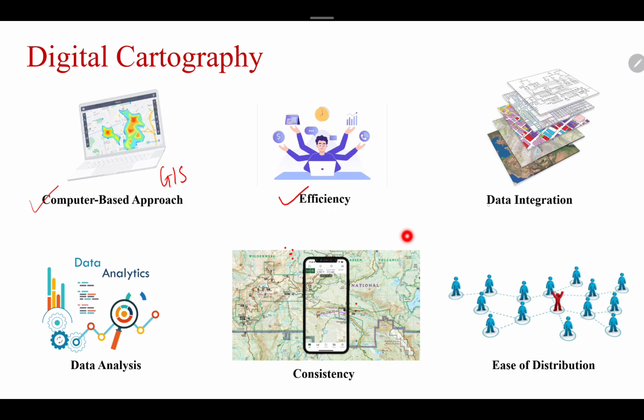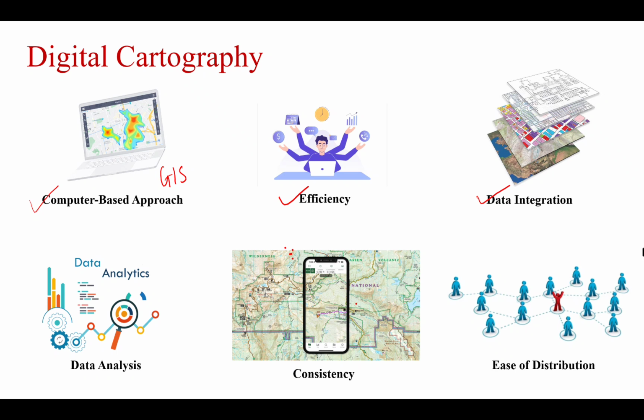Next is data integration. As I mentioned for the manual map, if I want to show census data, that is the population data, agriculture data, animal husbandry data, and the physical features of India, all of these various things on a single manual map, that would be very, very difficult for me to do.